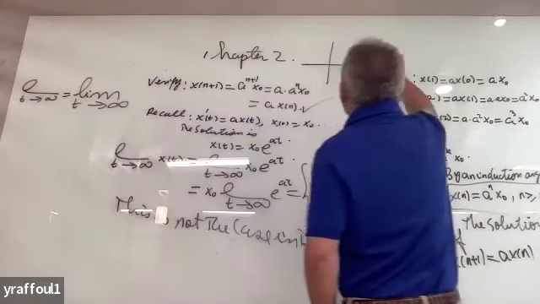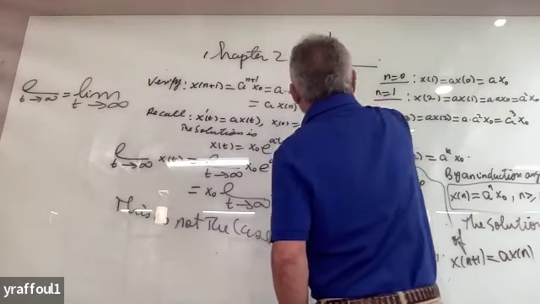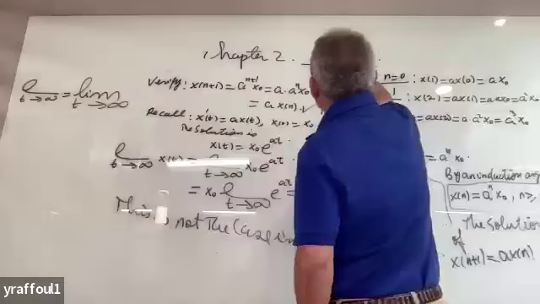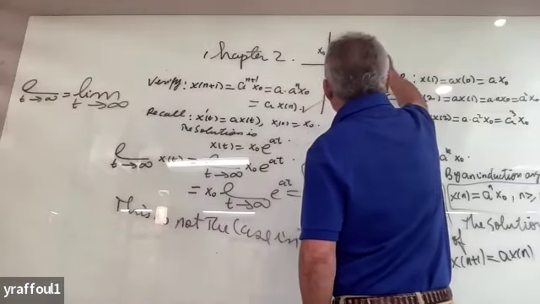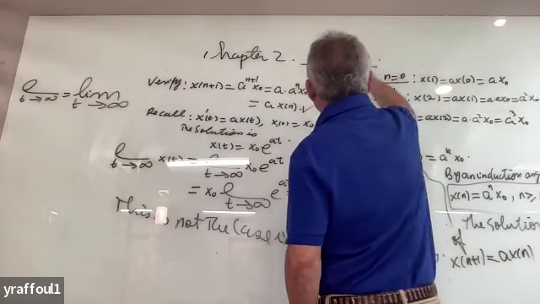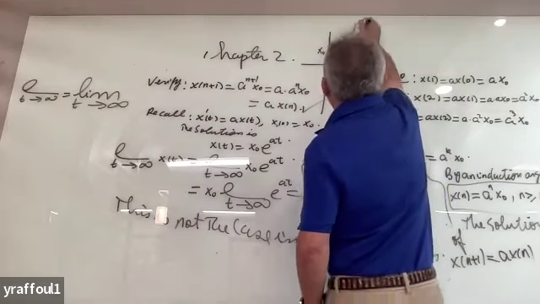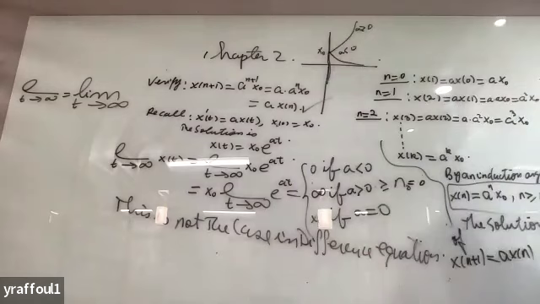So for this one, basically, okay, if this is x naught at t naught, this is x naught, and then the solution goes to 0 if a is less than 0, and goes to infinity if a is bigger than 0. You see that?